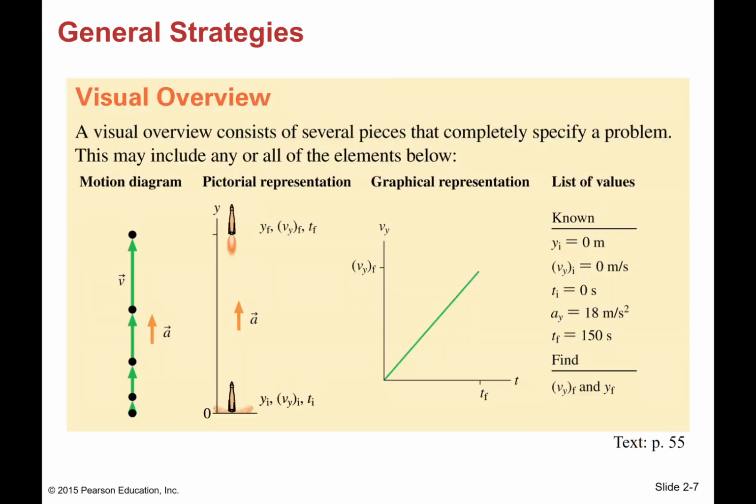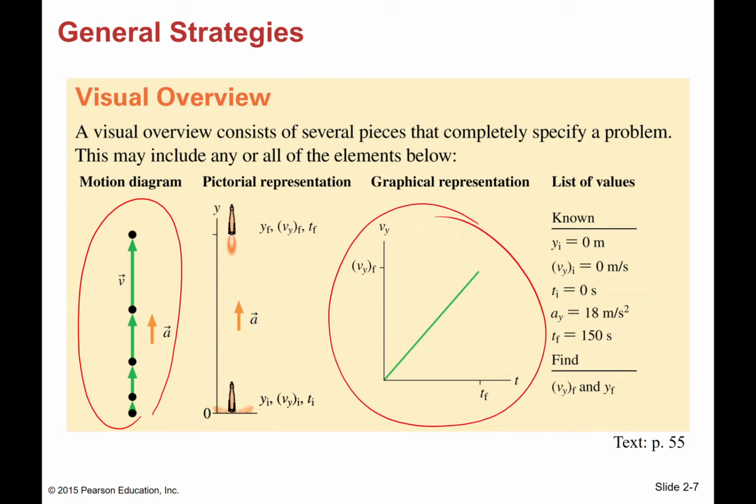So let's look at some examples. Here is a rocket that is launched up. This is a motion diagram that gives you an idea of how the motion is happening. This is a velocity versus time graph, and this could give you an idea of what type of motion you have. And this I find to be a very useful picture here.